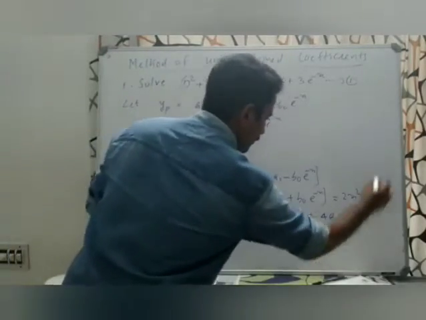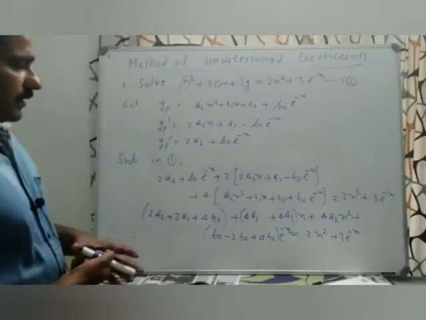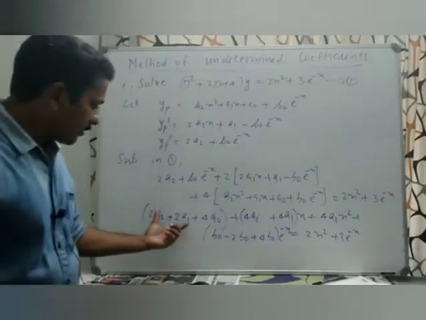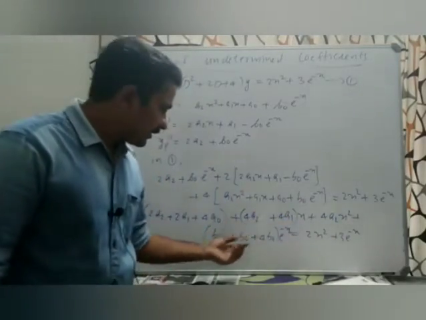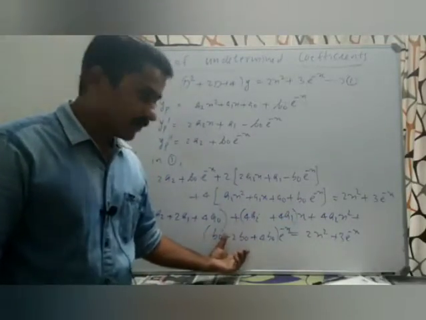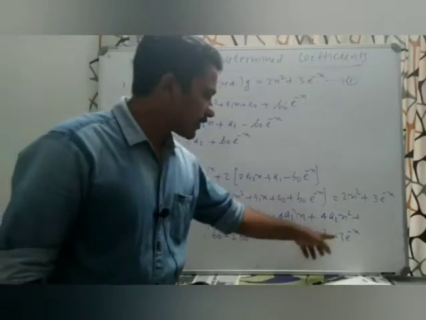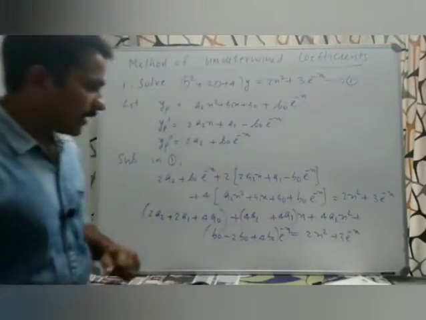Okay, this is what you will get. So collect all the constants, times of x, then times of x square, then e to the power minus x. And on the right side we have 2x square plus 3 e to the power negative x.